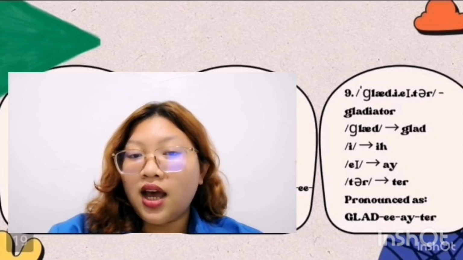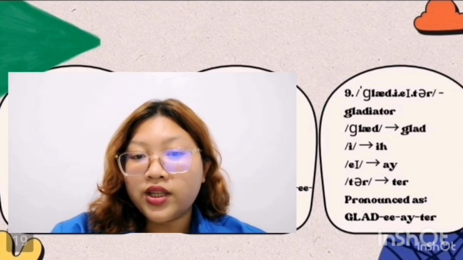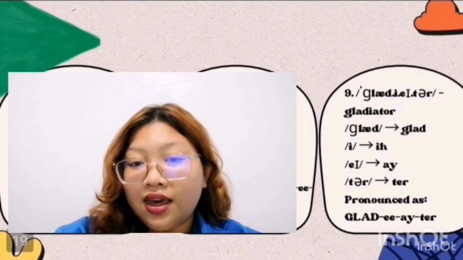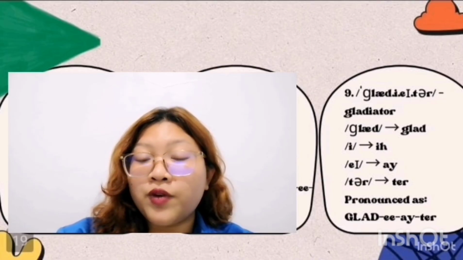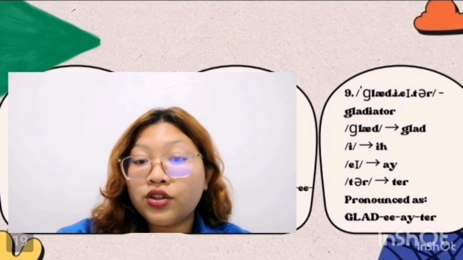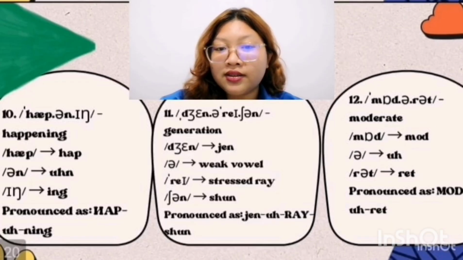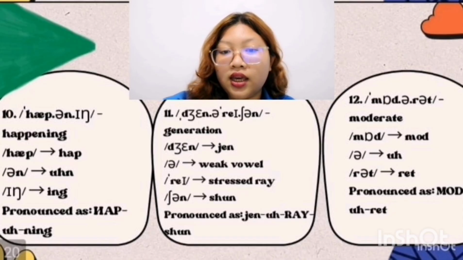The next, number 9, is gladiator. How can we read it? The first half is "glad". So the pronunciation will be "glad-ee-ay-ter". Gladiator. Number 10 is happening. This sounds like "ing".